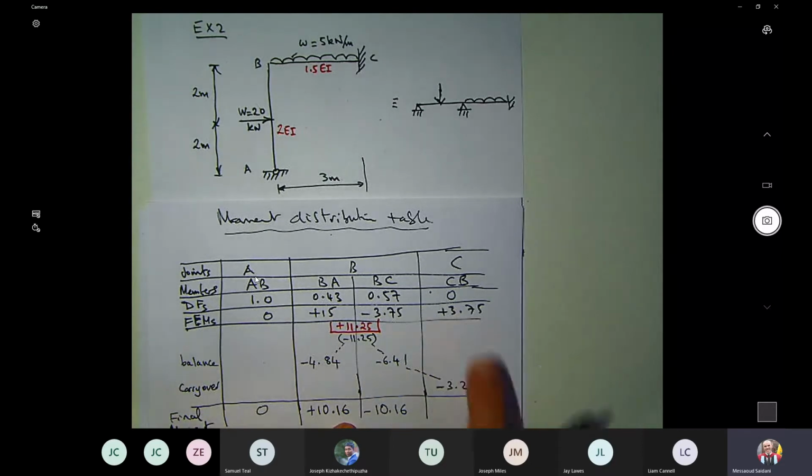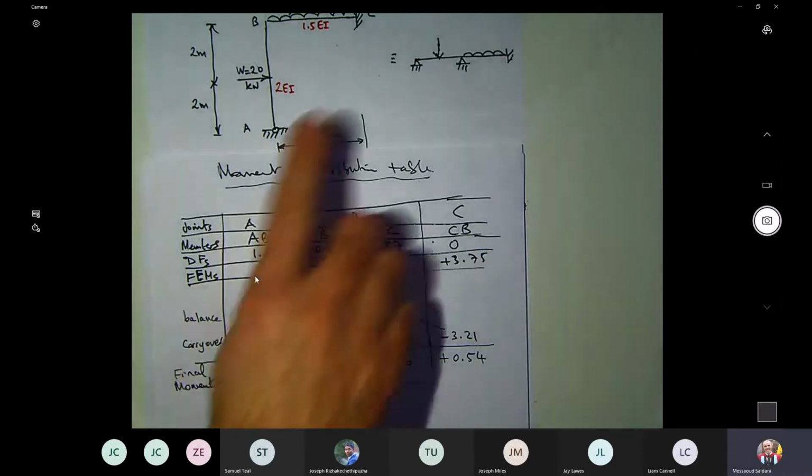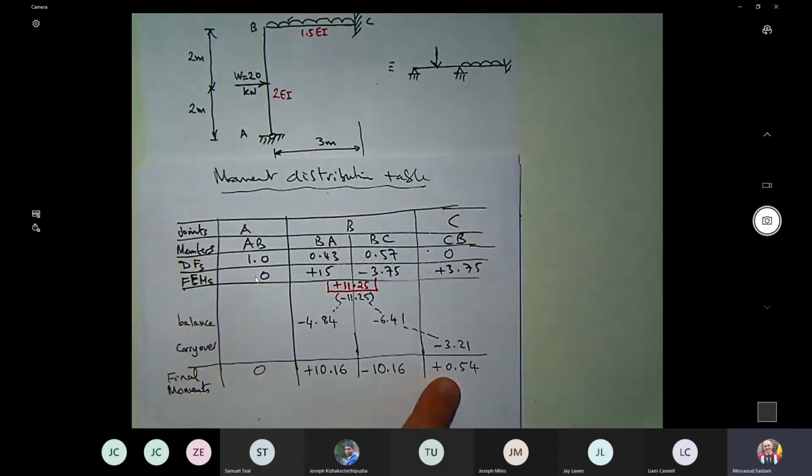Then we have 3.75 minus 3.21 is plus 0.54. It's a very small moment that we have at C. Nevertheless, we do have a moment at C. It's because of the choice of the UDL. If I've chosen a large UDL, you'll have a large moment here. Okay, so it's just pure coincidence.